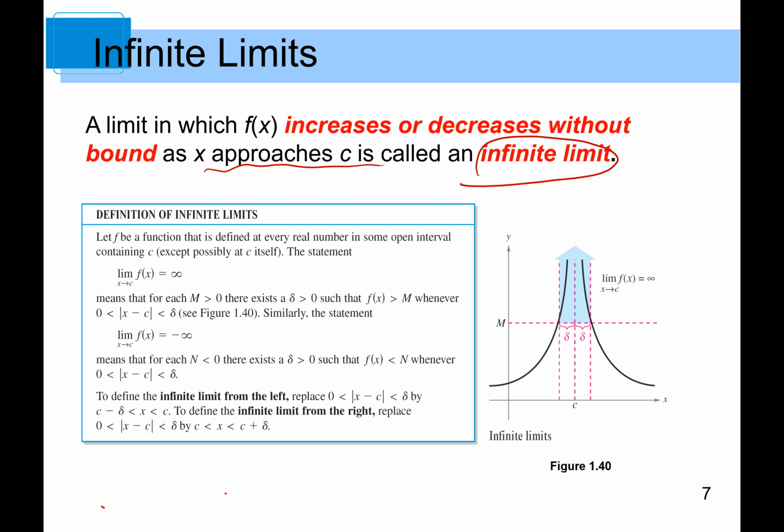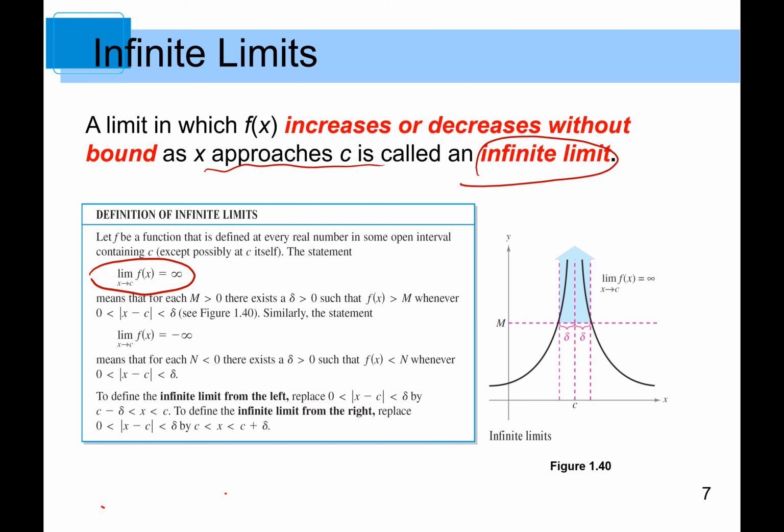So the definition of infinite limit: let f be a function that is defined at every number in some open interval containing c, except possibly at c itself. The statement that the limit as x approaches c of f of x equals infinity is what the infinite limit is about.